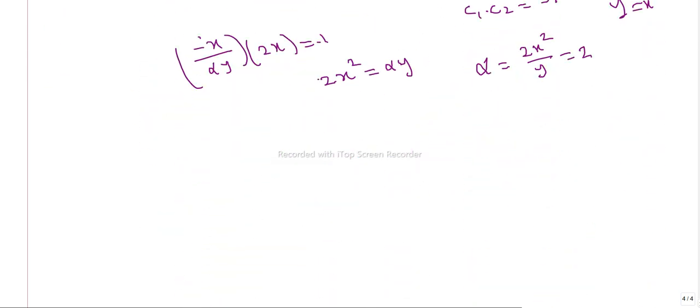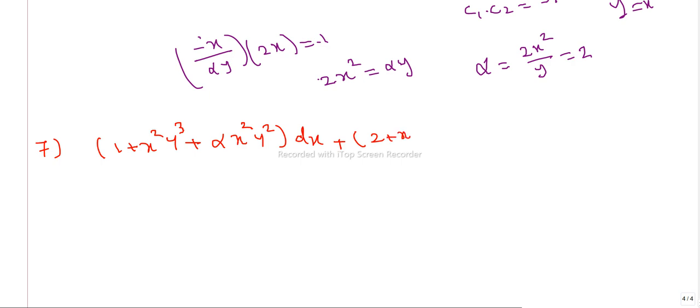Suppose the differential equation is exact, then what is the value of alpha? The 7th problem we can write: suppose the differential equation 1 plus x square y cube plus alpha x square y square into dx plus 2 plus x cube y square plus x cube y into dy equal to 0 is exact.